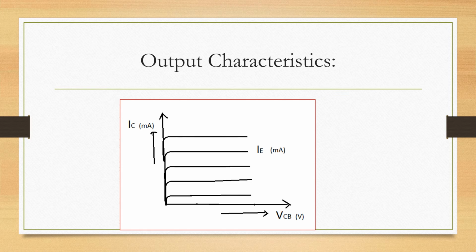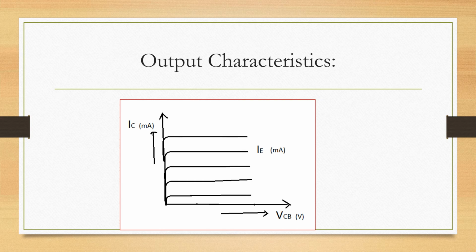Now let us see the output characteristics. In this output characteristics for CB configuration, the curve is drawn between the collector current IC and collector base voltage VCB at a constant emitter current IE, and this is called the output characteristics.